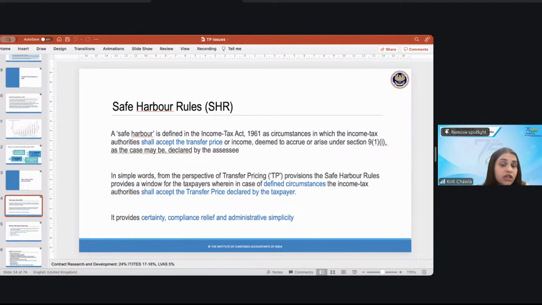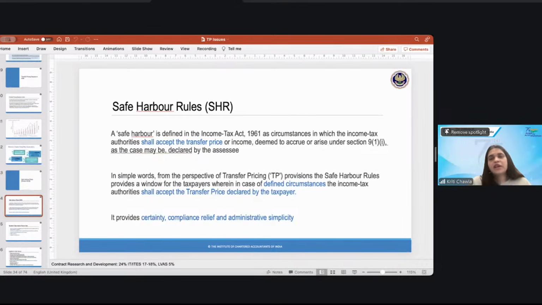Now, there was a lot of litigation on this aspect. The taxpayers earned a margin of 15%, as an example, from IT services, ITES services, etc. And the tax authorities, most of the time, I can't say always, but most of the time, questioned the margin earned by these Indian entities.